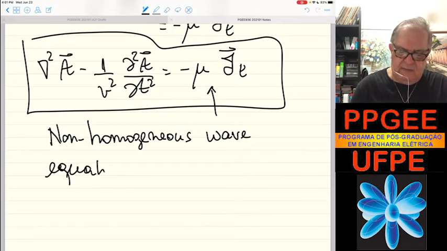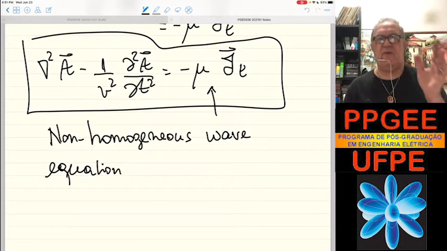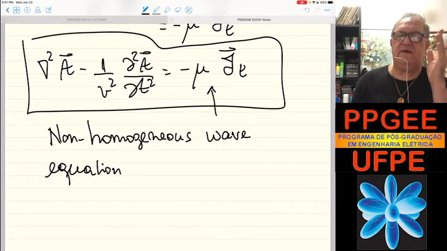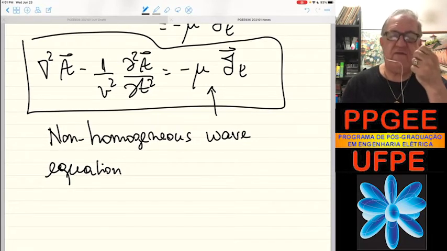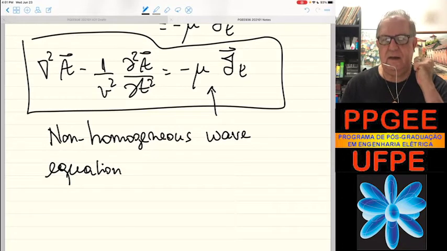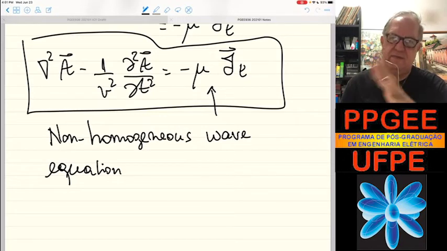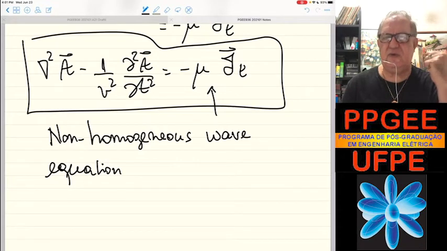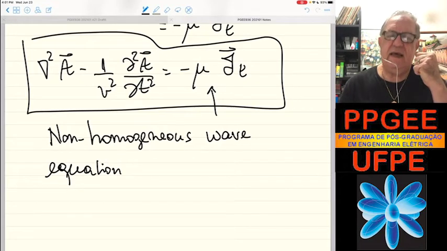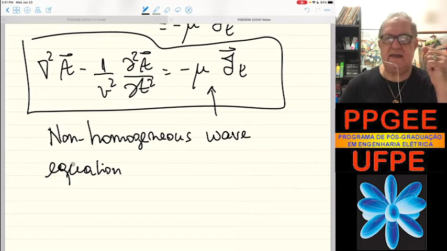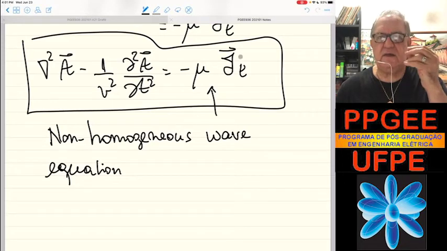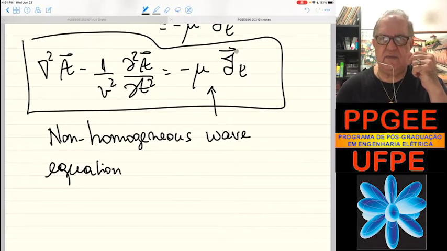So in the Coulomb gauge, if we break the current density into longitudinal and transverse components, we find that independent of that breaking, the scalar potential is going to be the solution of Poisson's equation. The vector potential is going to be the solution of the non-homogeneous wave equation, in which the source term is the transverse current density component. Okay?